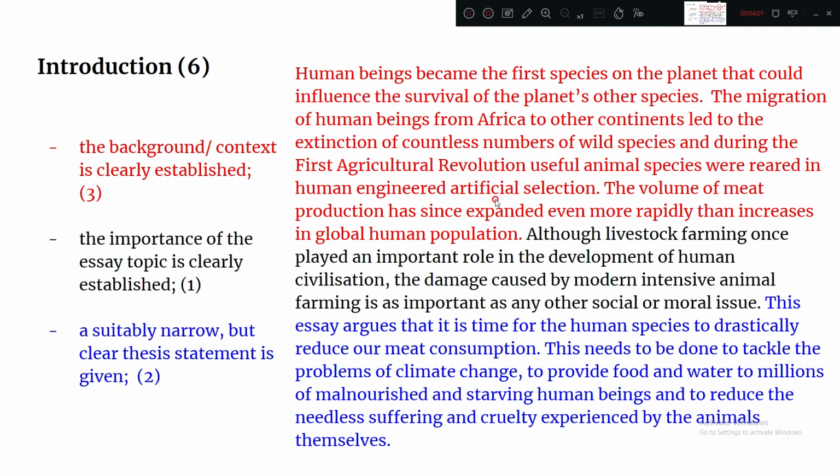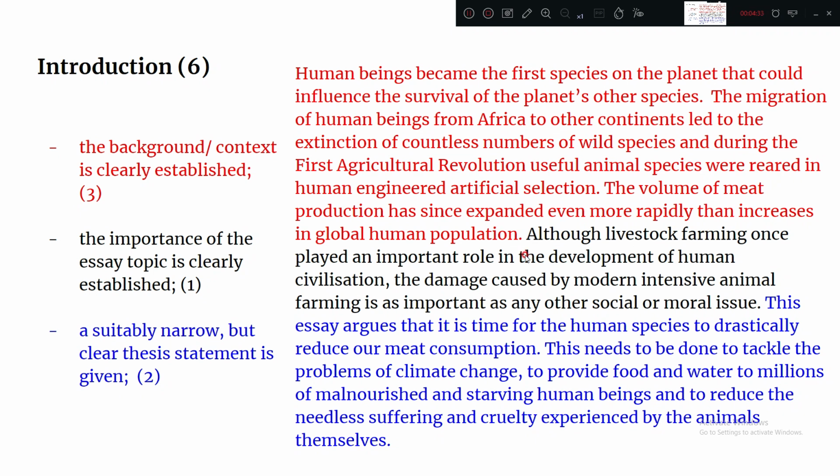If you look at the background information, you can see that it takes a very broad perspective, a very wide perspective, a very general perspective. It isn't necessary to be as broad as this. However, it is important to remember that the most general information should be at the start of the essay.